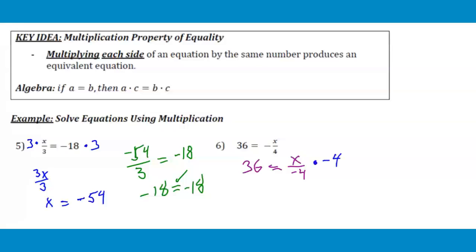So the opposite of dividing by negative 4 is multiplying by negative 4. And I'm going to do the same thing to the other side, multiply by negative 4. All right, so that on the right will give me positive x, which is what I want. And then on the left, that's going to give me 144. But it's going to be negative because the signs were different. And that's the answer to that one.